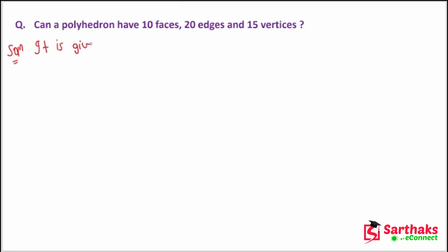It is given that the number of faces, which is basically F, is equal to 10.